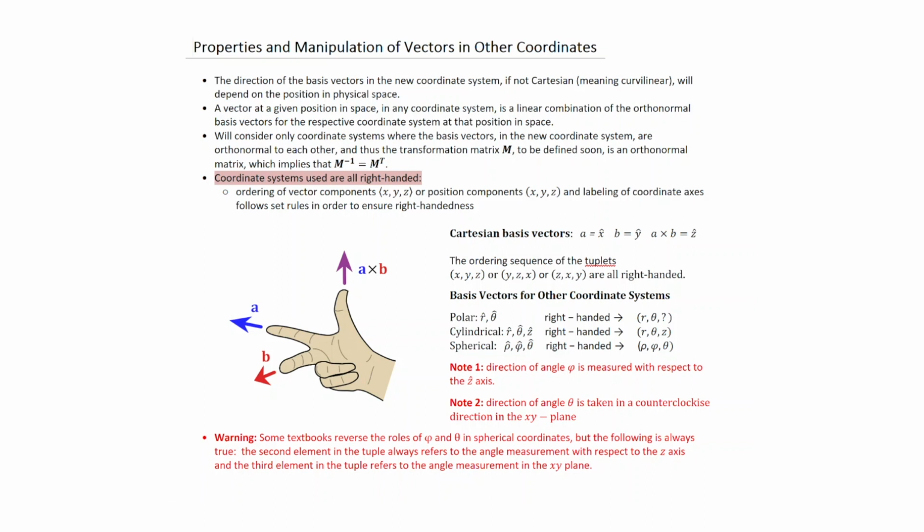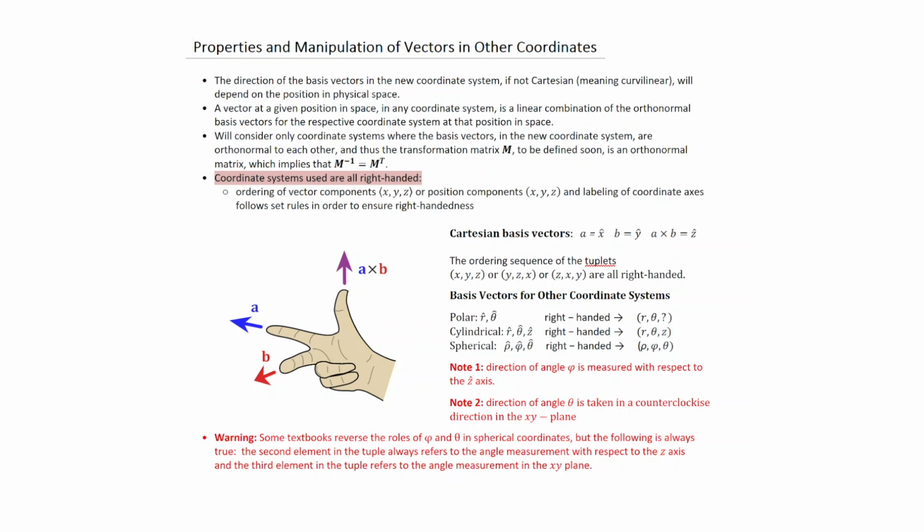Okay, so let's start with the first point: the direction of the basis vectors in the new coordinate system, if not Cartesian, meaning curvilinear, will depend on the position in physical space. That's going to be a given. A vector at a given position in space in any coordinate system is a linear combination of the orthonormal basis vectors for the respective coordinate system at that position in space. Again, we're only going to basically make use of orthonormal basis vectors in this course.